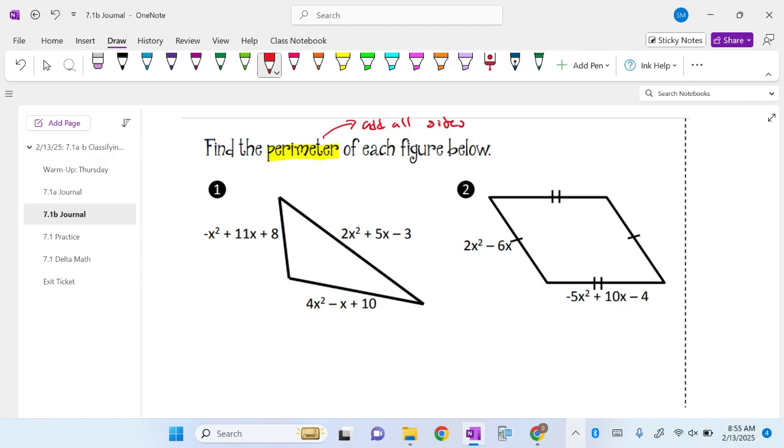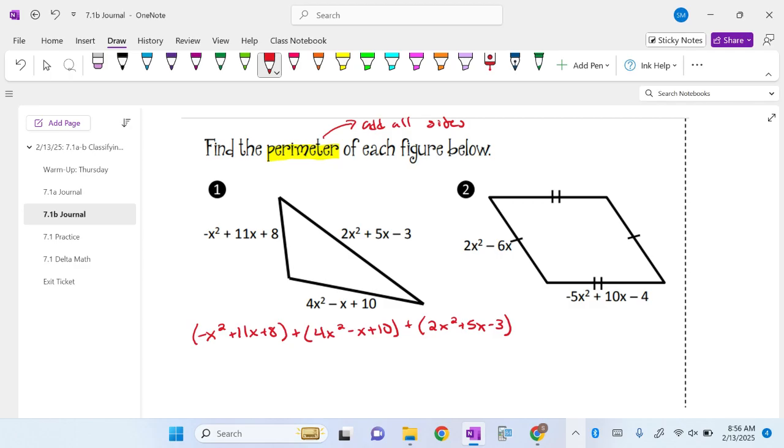So guess what we're going to do for number 1? Add all the sides. So I'm going to have negative x squared plus 11x plus 8 plus 4x squared minus x plus 10 plus 2x squared plus 5x minus 3.